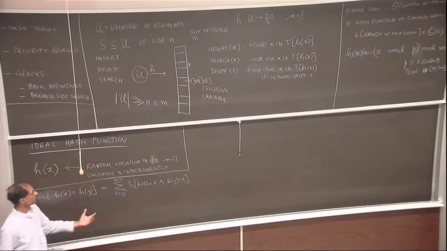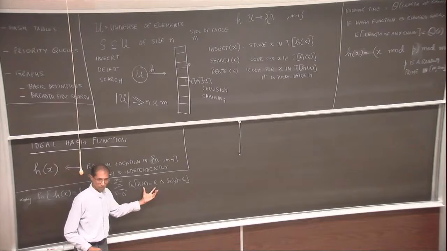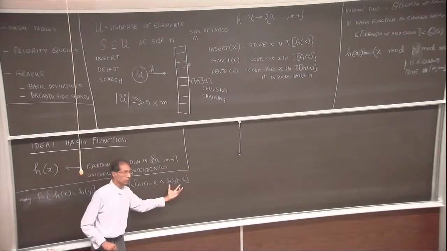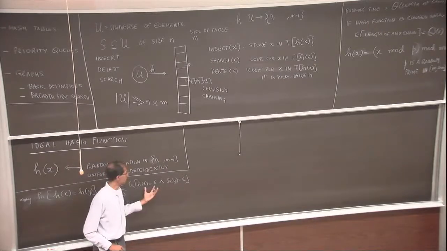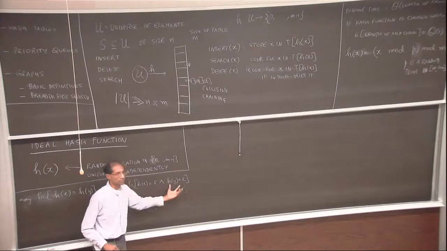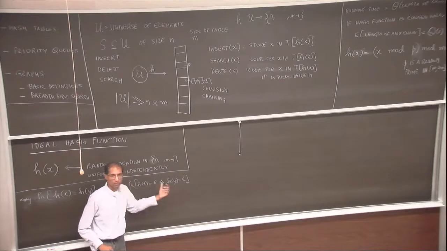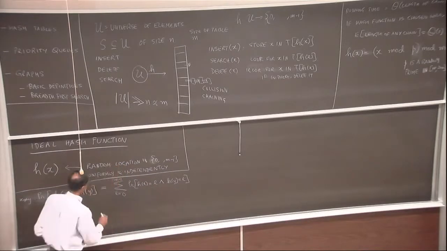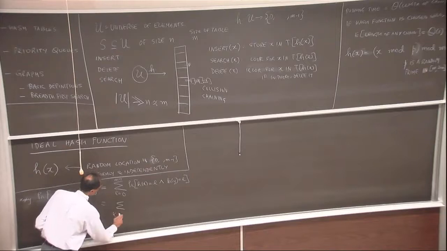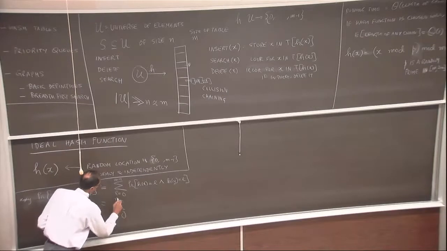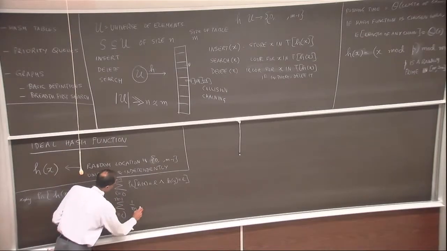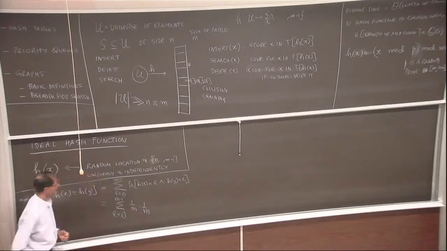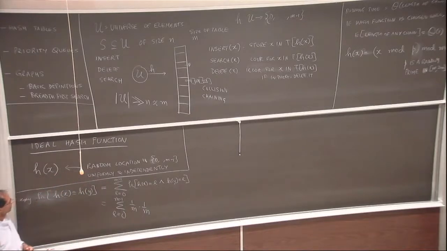So the probability that h of x equals L is 1 over m. The probability that h of y is equal to L is 1 over m. Since this is an AND of two independent events, the probability of the AND is the product. So this is equal to the summation over L equal to 0 to m minus 1 of 1 over m times 1 over m. So what is this equal to?